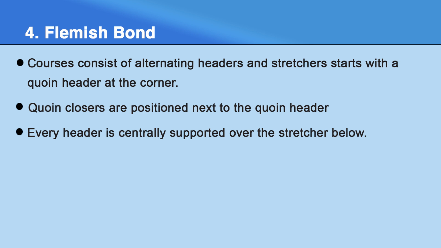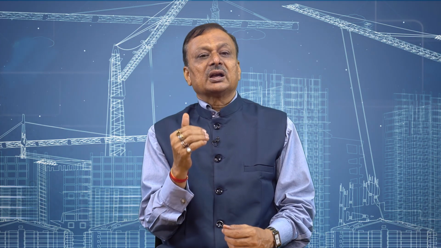The construction features, that is number 1, course composition. In Flemish bond, each course alternates between headers and stretchers. That means that a header is followed by a stretcher, with this pattern repeating across the entire course.